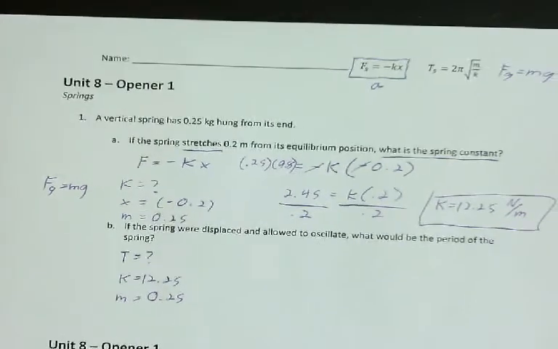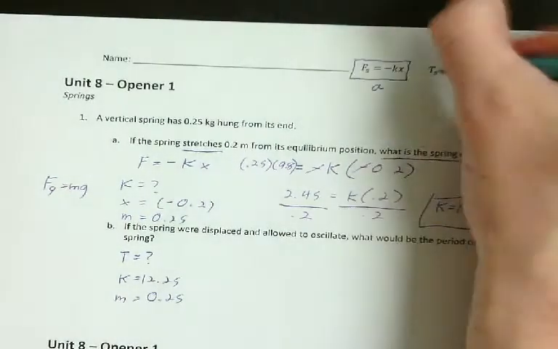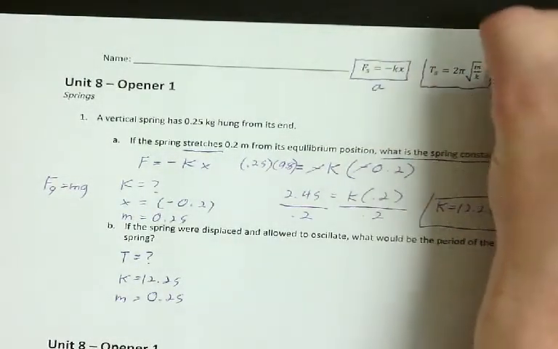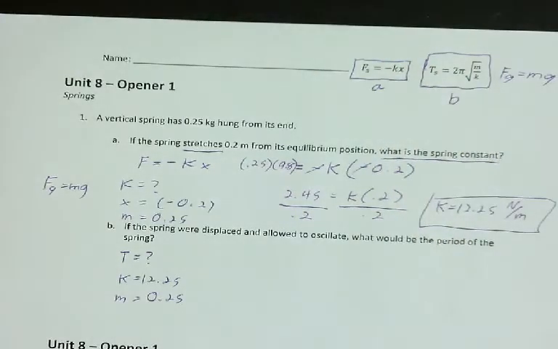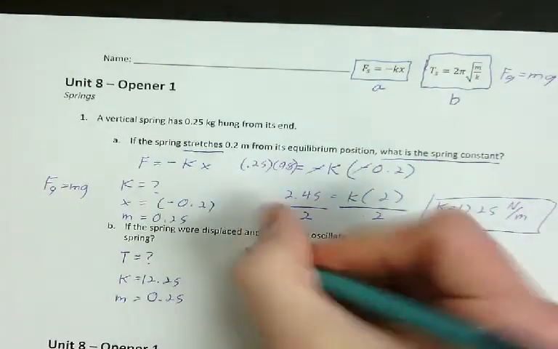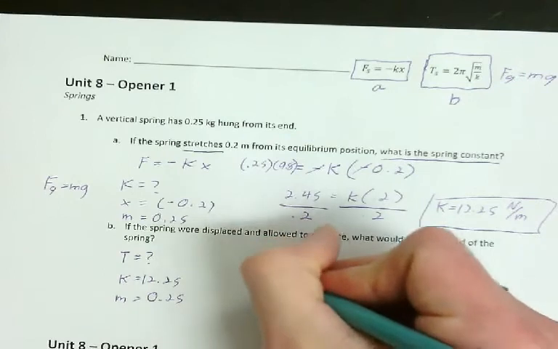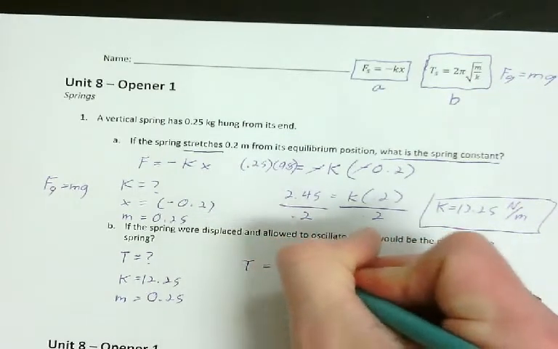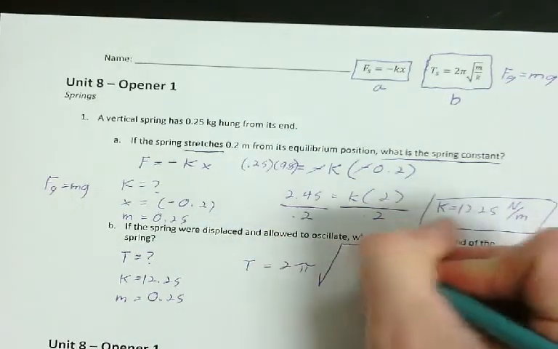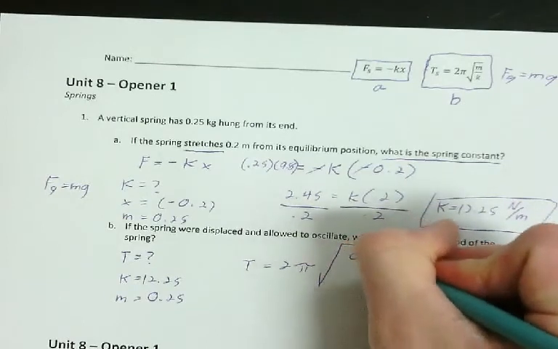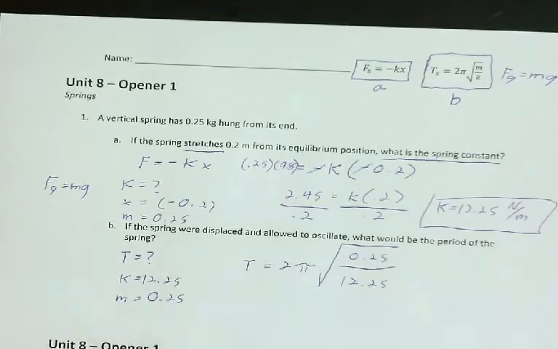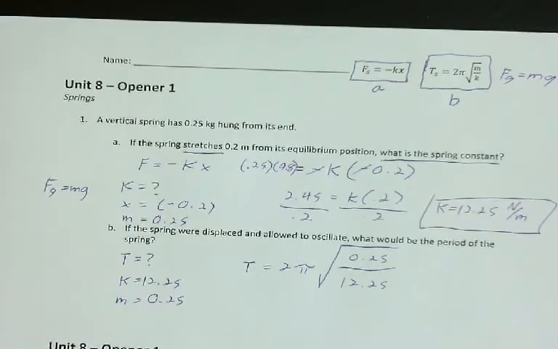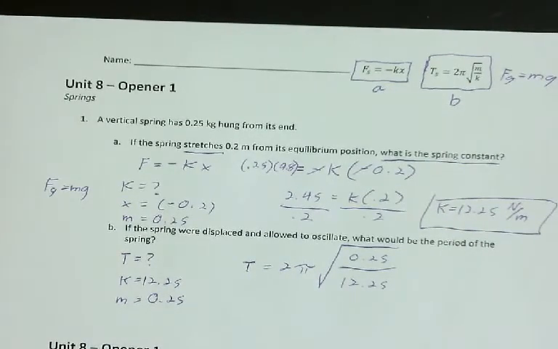So now we're talking about oscillating, and that is this equation here. Period is equal to 2 pi square root of m over k. So period equals 2 pi square root of m, which is 0.25, over k, which is 12.25. So divide the 0.25 by 12.25 first.